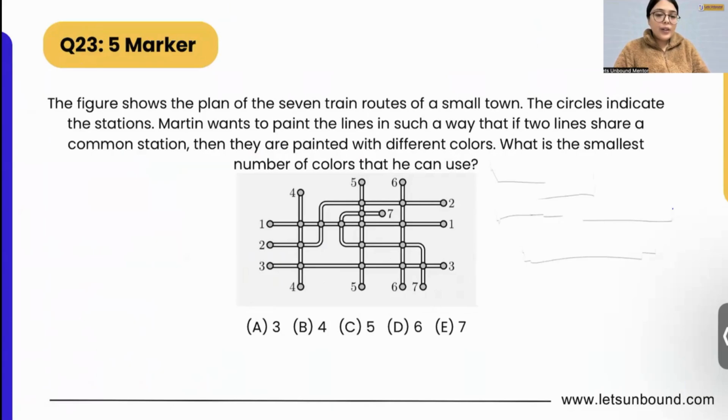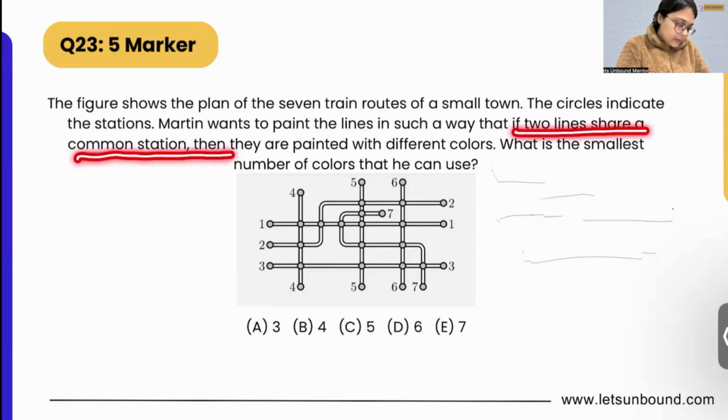Now, if you have a look at the picture, it's such a confusing route. So let me just highlight and see what you can figure out. I have highlighted this statement. Let's read it again. It says, if two lines share a common station, then they are painted with different colors.